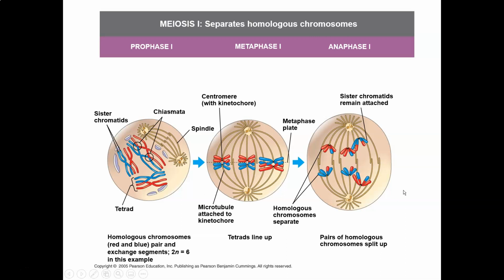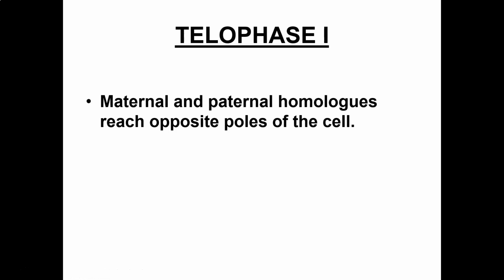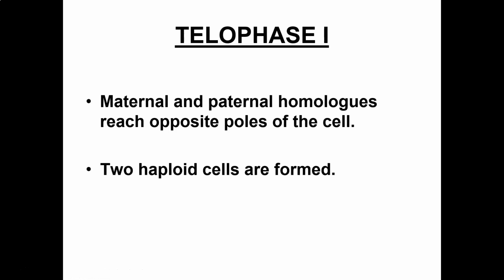And that cell will become 2 daughter cells, each with now only 3 chromosomes. So in this example, the full number of chromosomes is 6, and after meiosis 1, it's going to have 3. It's always half. This is telophase 1.